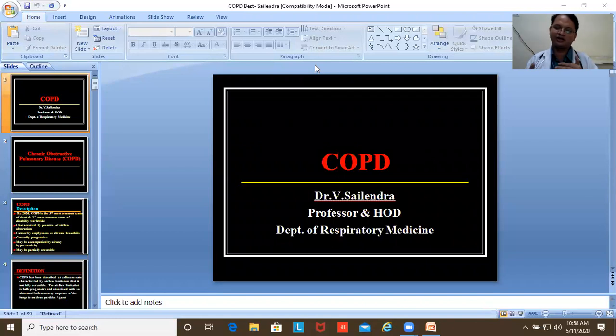In grade 1 and 2 COPD, the bronchodilators, namely the beta-2 agonists as well as anticholinergics, ipratropium and tiotropium, have the most important part. But in grade 3, along with the bronchodilator, a steroid, as well as in grade 4, oxygen has to be added. Steroid, oxygen, and anti-allergic injections have to be used.